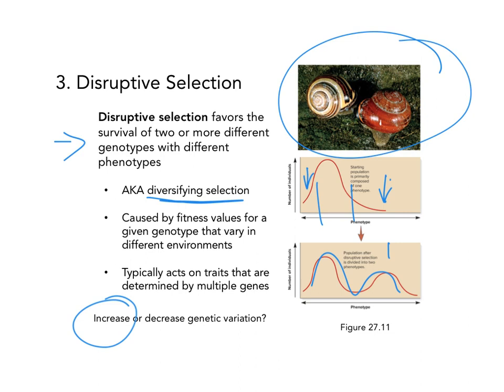And you can have these living in sunny, grassy areas, not even in the woods, and those tend to have more of a yellow shell. So there you can get selection for certain colors based on your habitat, and yet that results in selecting for different genotypes or phenotypes in a population.